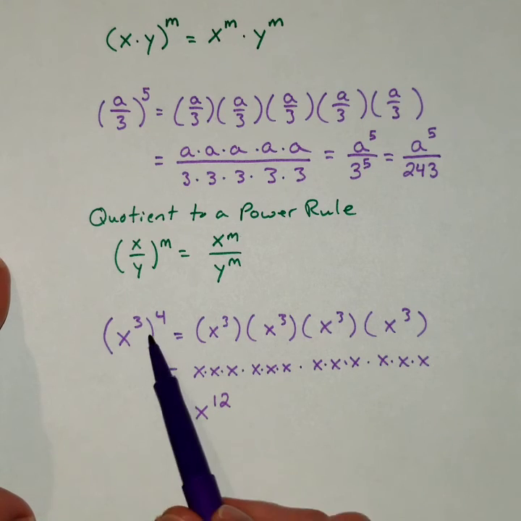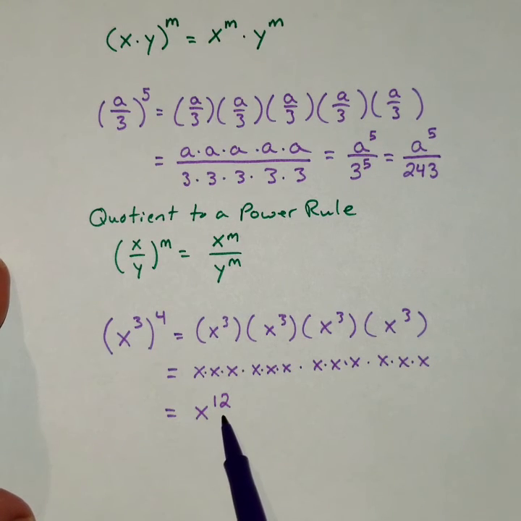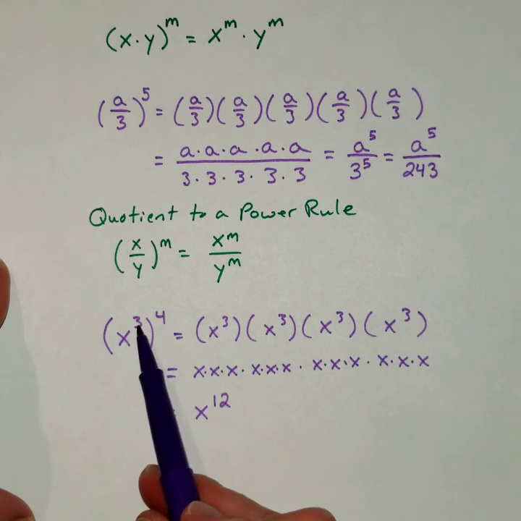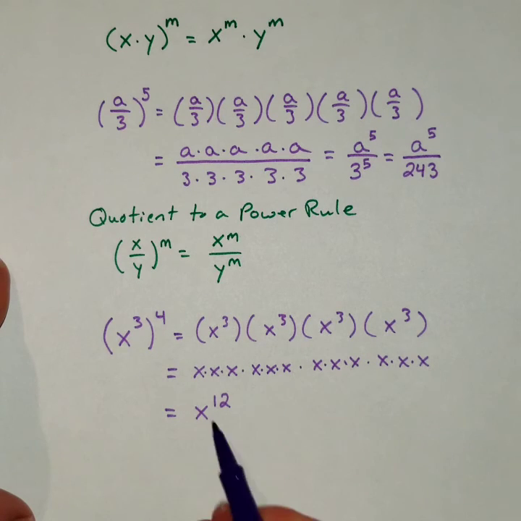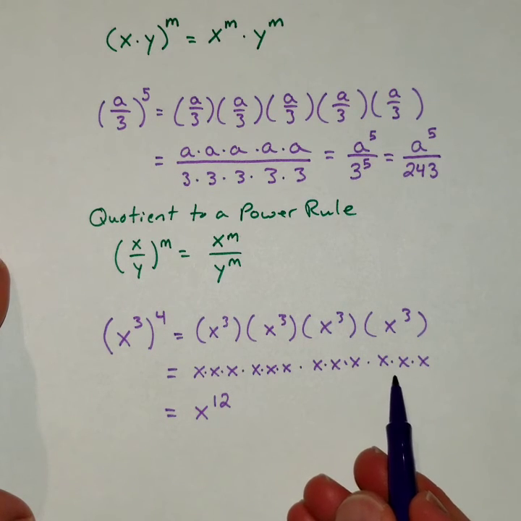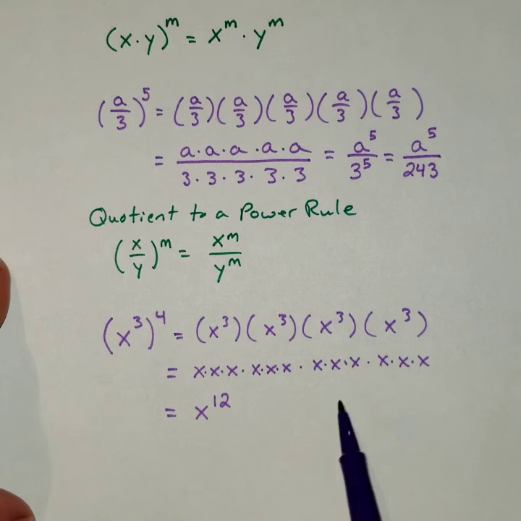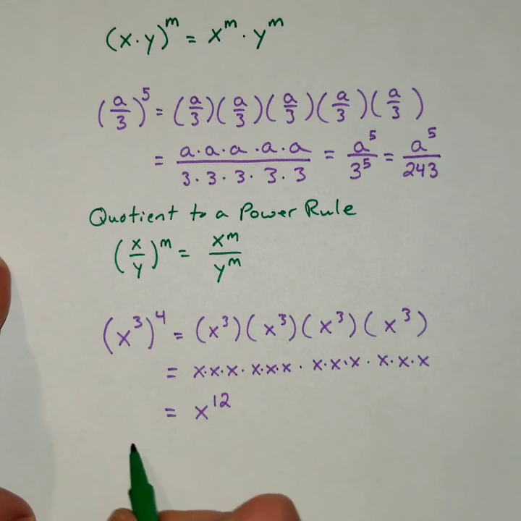Notice that the way to get from the original exponents to the final is through multiplication, because you're essentially combining 4 groupings of 3 x's. Okay, that's how we have this split up. And so a general rule for this one, we're going to call it the power to a power rule.